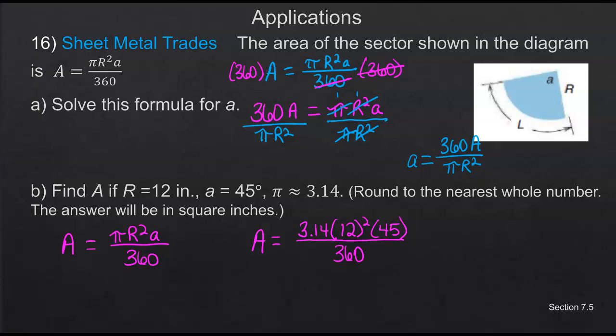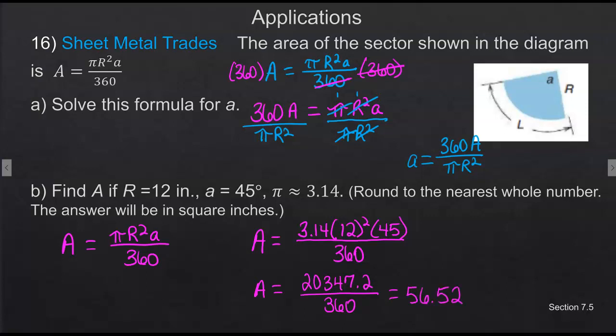So the rest is just a calculation. When I multiply what's in the numerator, I get 20,347.2 divided by 360. That equals 56.52.